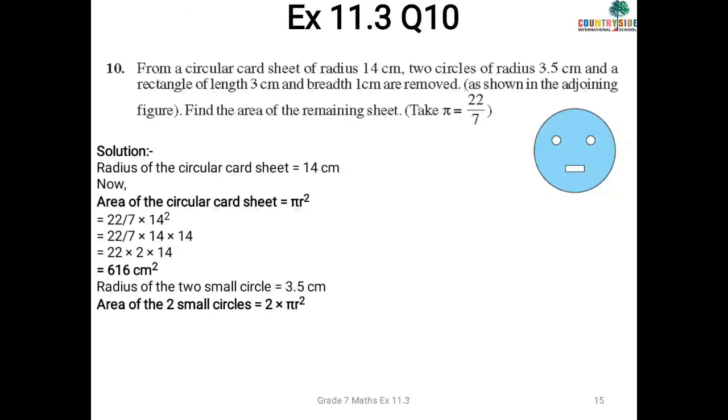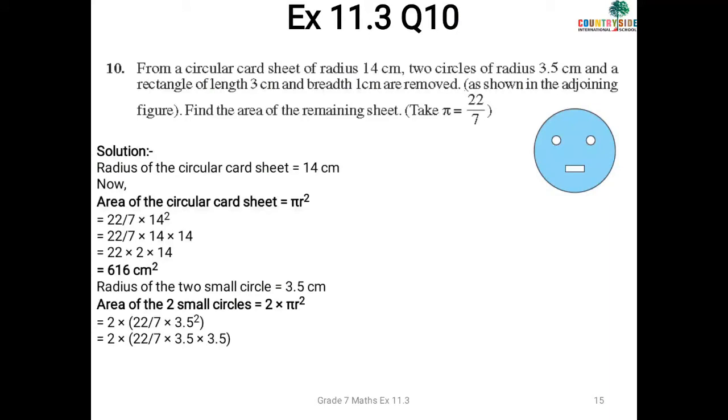So 2 into pi r square, that is 2 into 22 by 7 into 3.5 square. So 2 into 22 by 7 into 3.5 into 3.5, and 3.5 into 3.5 is 12.25. So you will get 2 into 38.5, and at the end you will get the answer as 77 centimeter square. So the area of 2 circles is 77.